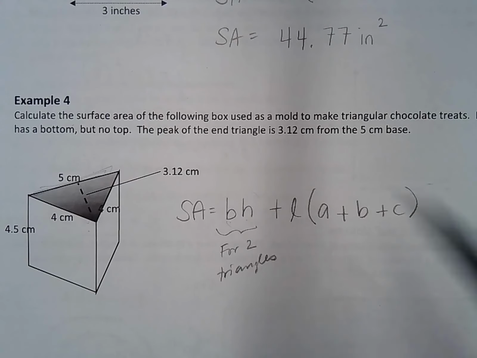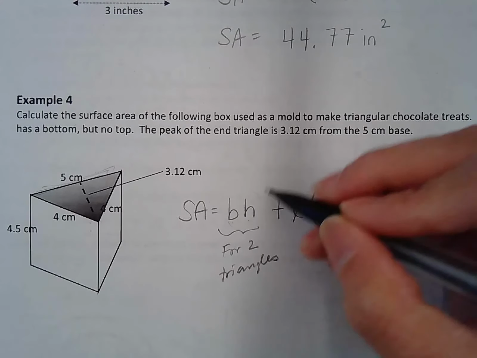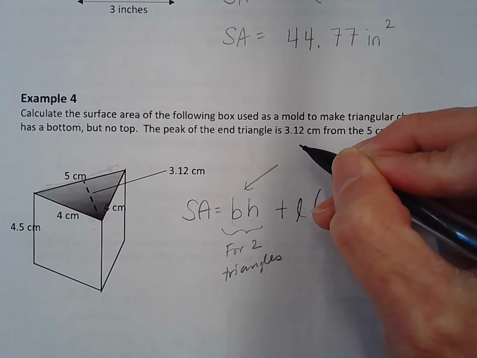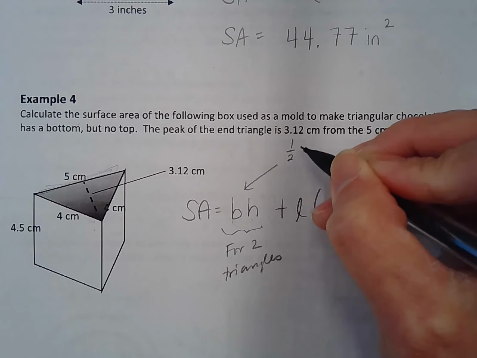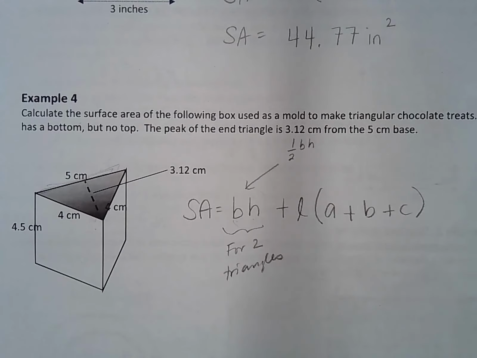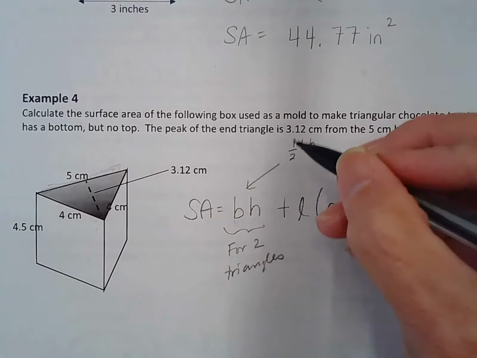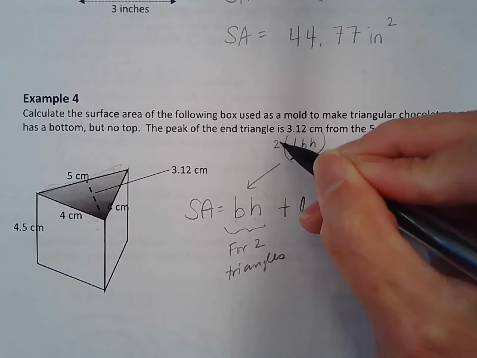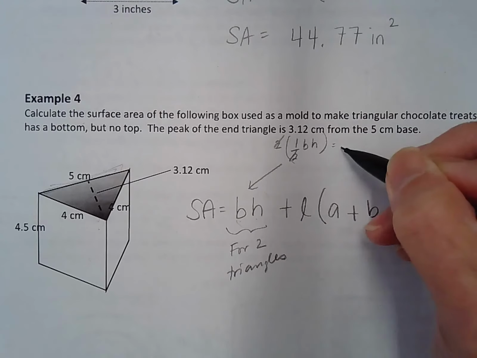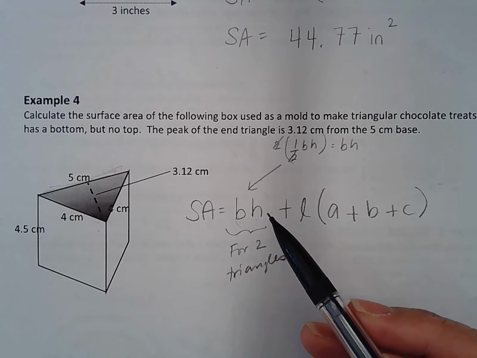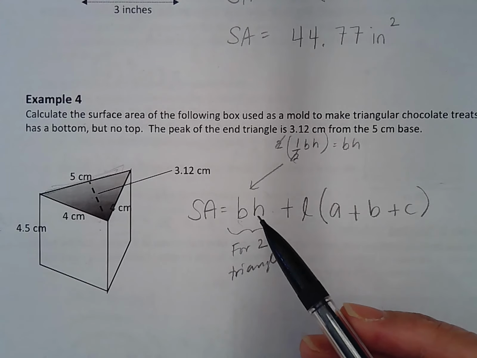Now, why is it B times H for 2 triangles? Because remember, one triangle is 1/2 times base times height, but then there are 2 of them. There's top and bottom, so times it by 2. That's why it's B times H. So B times H is actually for 2 triangles.